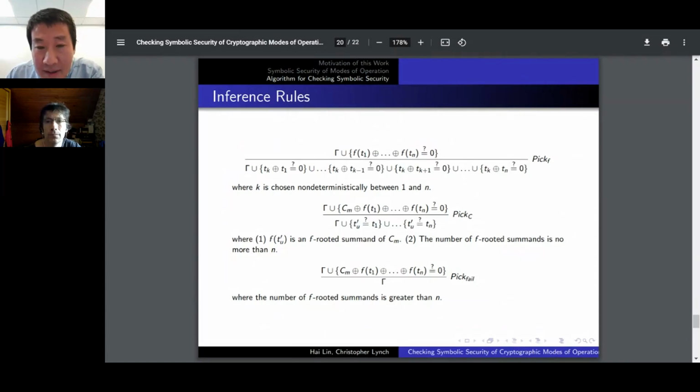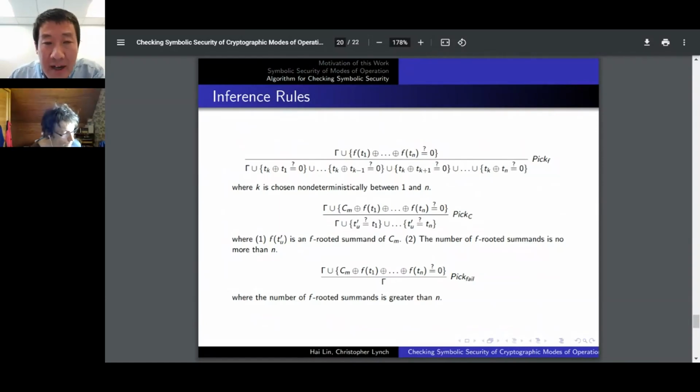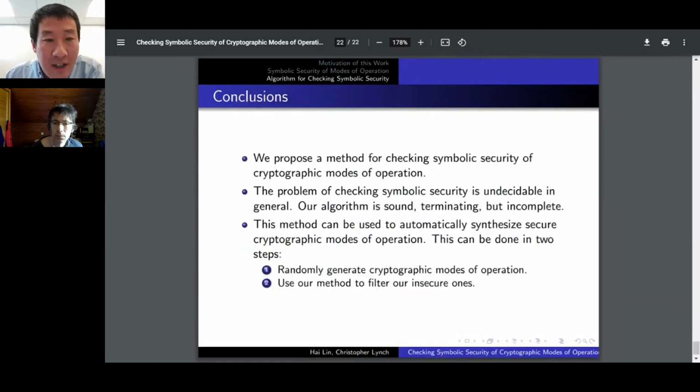Let me skip pick fail. So here's the algorithm. Essentially, we just check for all possible pairs of f-rooted summands. If we can get a contradiction, then that means symbolic security is satisfied. Otherwise, we don't know. So here's the conclusion.